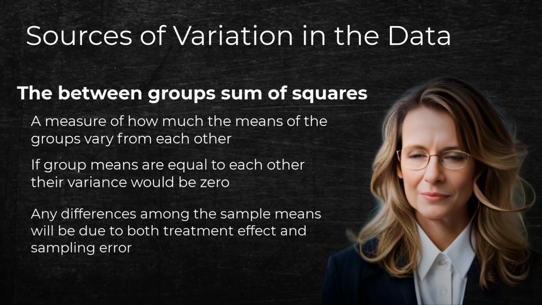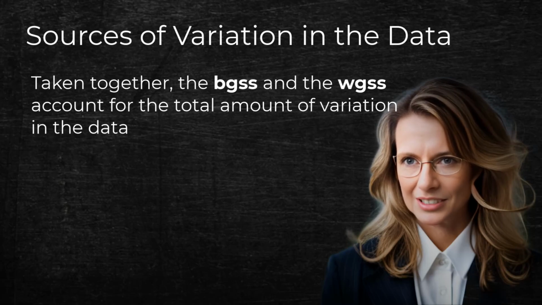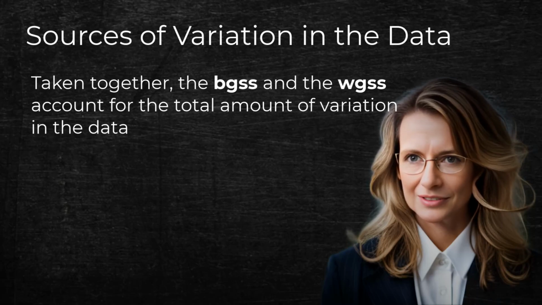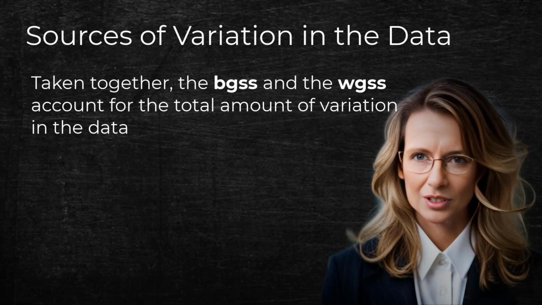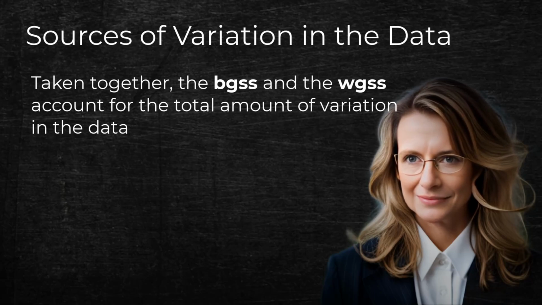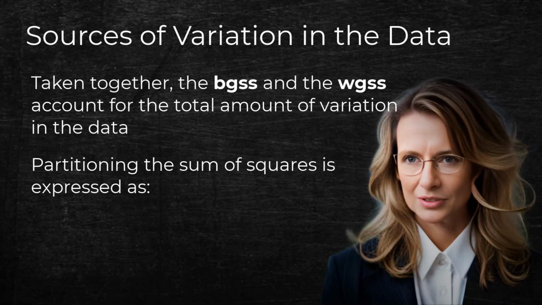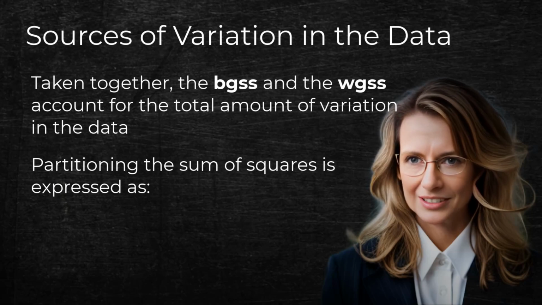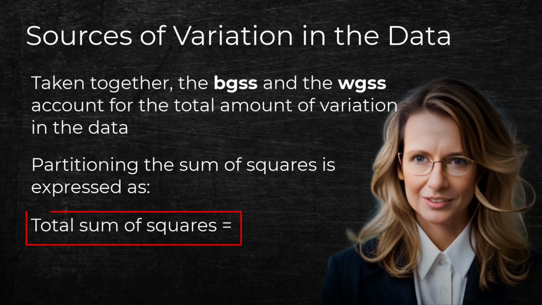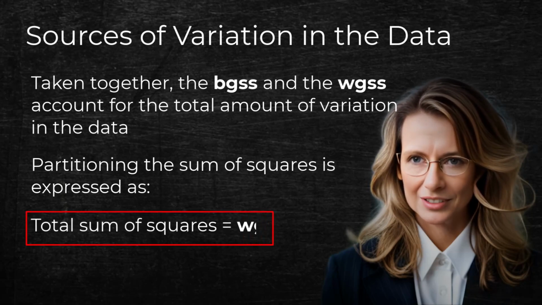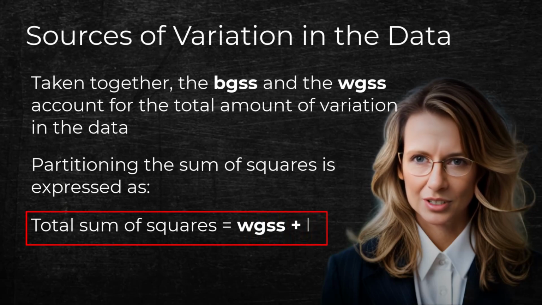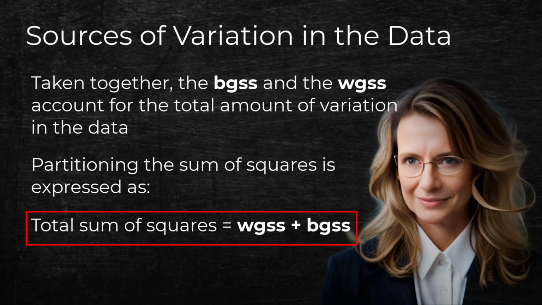Therefore, any differences among the sample means will be due both to treatment effect and sampling error. Taken together, the between-group sum of squares and the within-group sum of squares fully account for the total amount of variation in the data. This is termed partitioning the sum of squares and is expressed by the equation: total sum of squares equals within-group sum of squares plus between-group sum of squares.